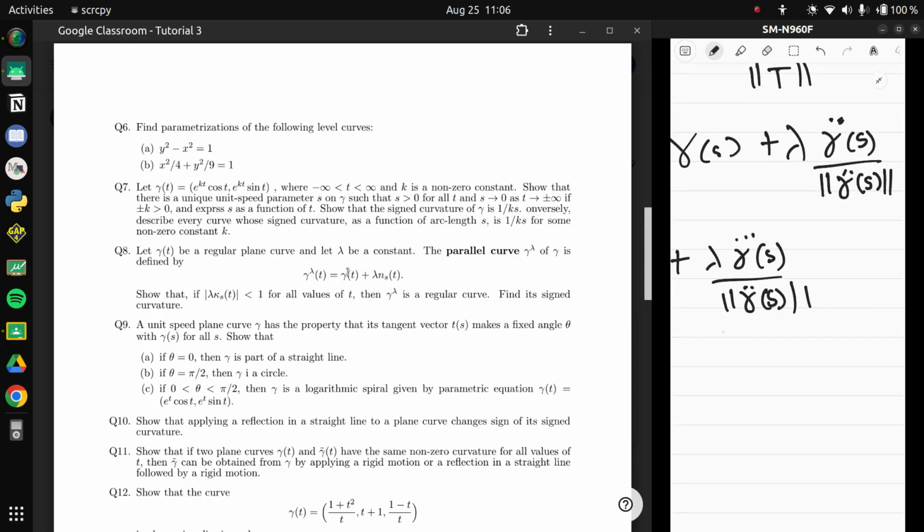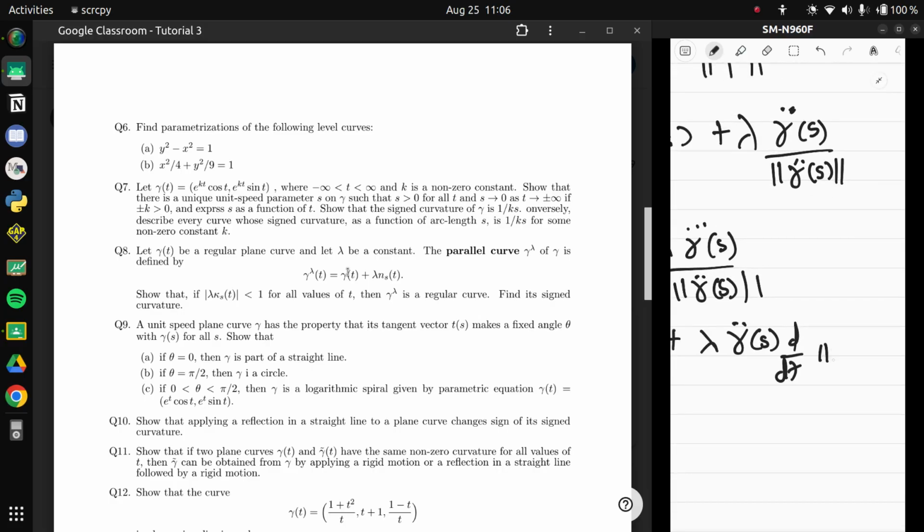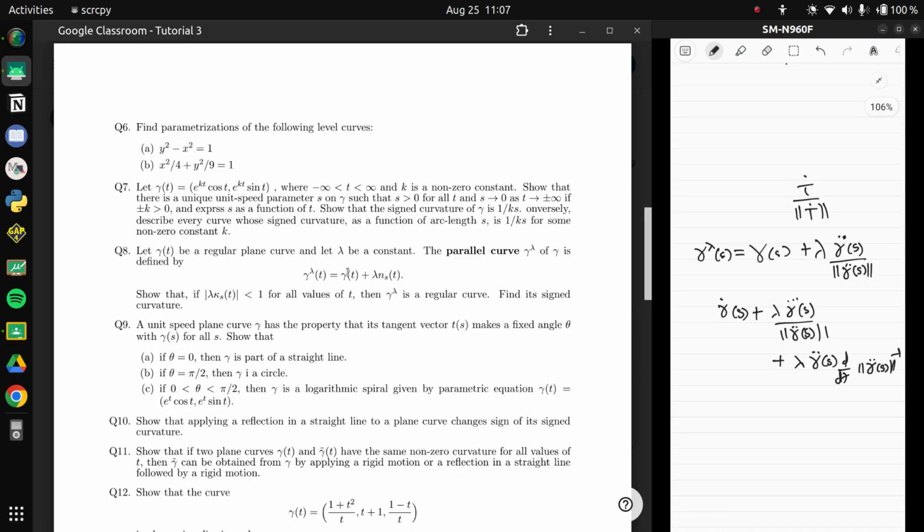And then plus lambda gamma double dot s, the derivative of the magnitude, right? Now I don't know about this stuff. This is some sort of scalar. So gamma double dot might actually be 0. There's no restriction on that, is there?